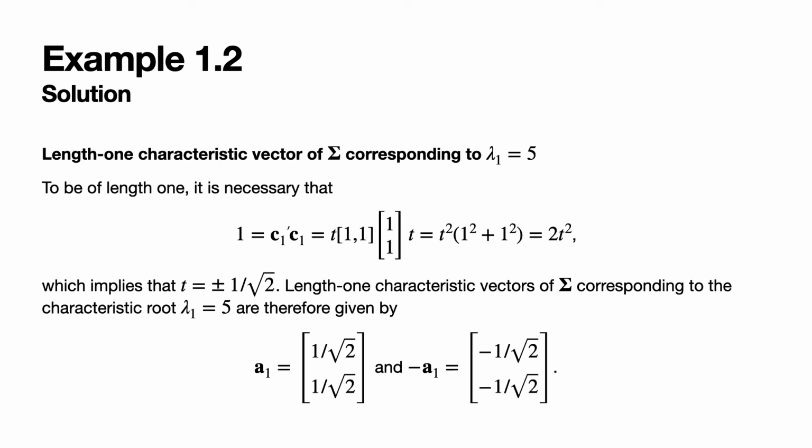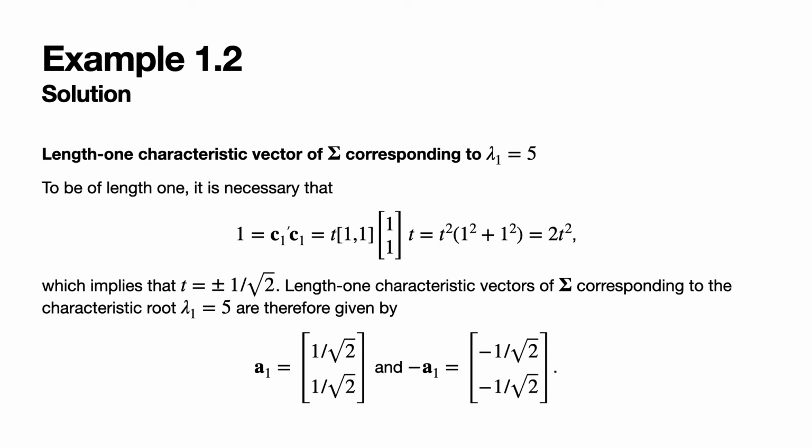To be of length 1, you'll recall that it's necessary that the squared length of the vector be equal to 1 as well. In other words, the inner product of C1 with itself must be 1. So C1 prime times C1 must be 1. Now C1 prime times C1 is equal to 2 times t squared. That implies that the constant t must be equal to either positive 1 over the square root of 2 or negative 1 over the square root of 2. And so length 1 characteristic vectors of cap sigma corresponding to the characteristic root lambda 1 equal to 5 are given as shown here.